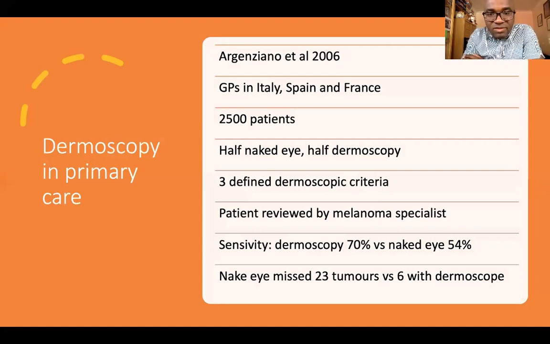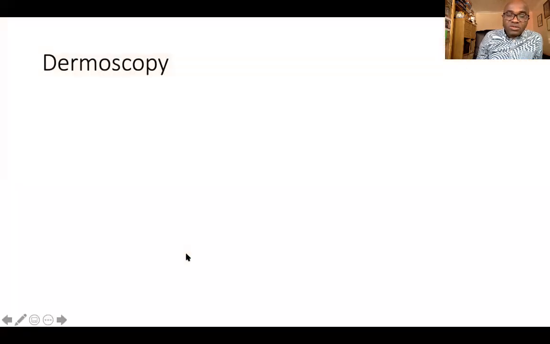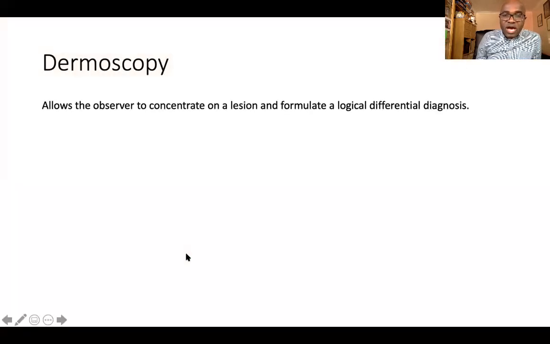Notice that they used 3 defined dermoscopic criteria, with patients reviewed by melanoma specialists, and dermoscopy increased sensitivity to 70% versus 54% for the naked eye. So the naked eye missed about 23 tumors versus 6 with dermoscopy, which tells you that with the use of our dermatoscope, it helps us a lot to be much more accurate in our diagnosis. It's quite helpful.